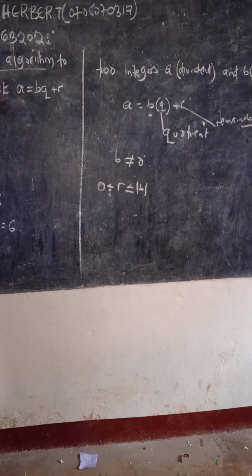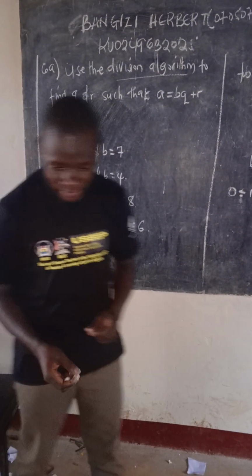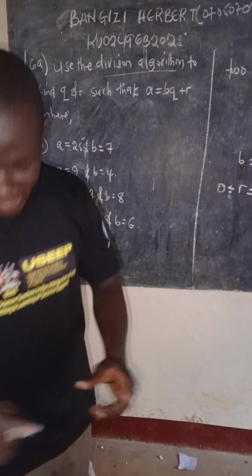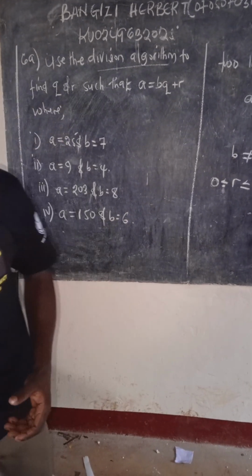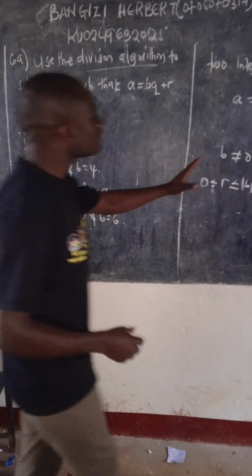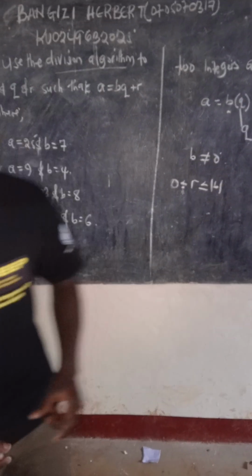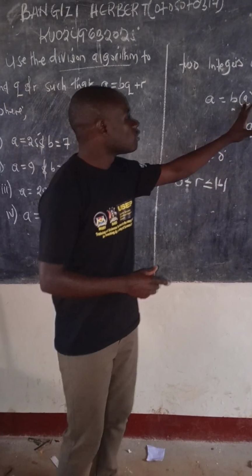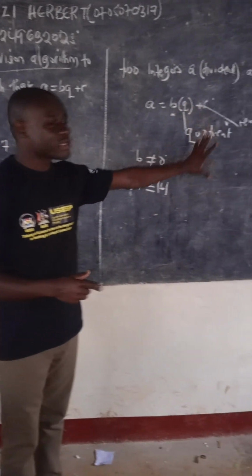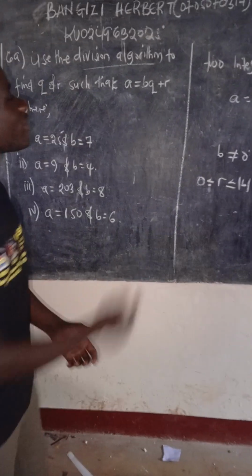Generally, this is how we use this division algorithm. It states that we have two integers, where A is the dividend and B is the divisor, with B not equal to 0, and therefore we shall get two unique integers. That is Q, the quotient, the number we get after dividing the dividend by the divisor, and of course, when you divide, we may have a remainder.